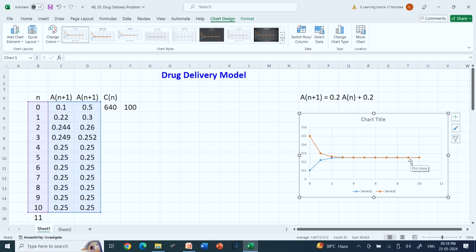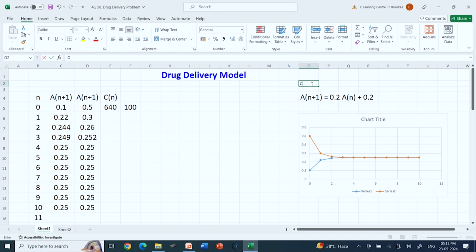Now, coming back to the recent problem, where you have a concentration of drug and the model is Cn, which is equal to 640, the initial value, multiplied by 0.8 whole to the power n. This is the model we are discussing.